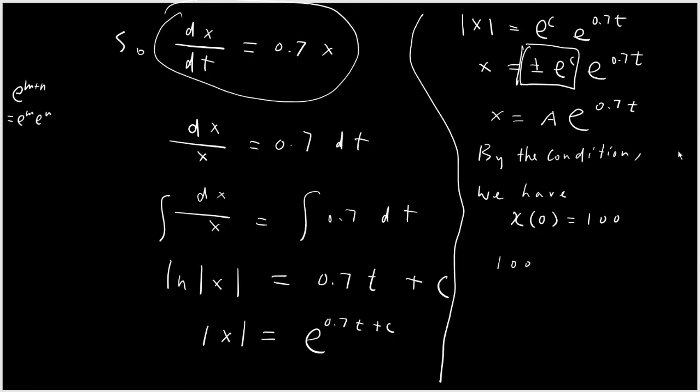Look at that equation, the underlined part. The x value is 100 when the t value is 0. So we have 100 equals a times e to the power of 0.7 times 0. Look at the mouse cursor now. e to the power of 0 is equal to 1. So the equation shows the constant value of a is equal to 100 using the initial condition.